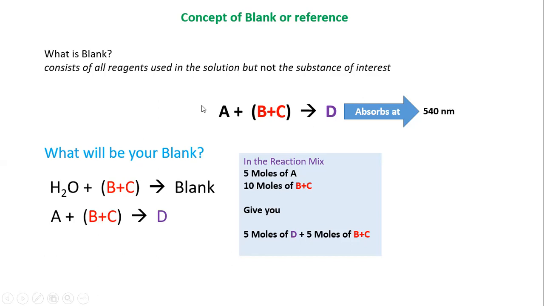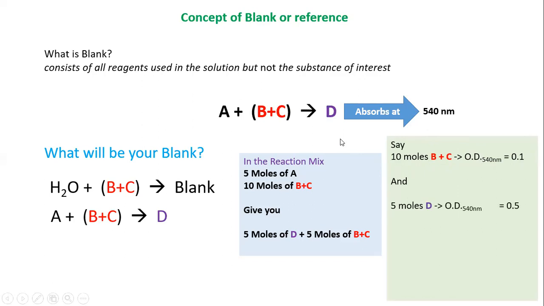Now, say the D that you are creating with this reaction is giving you an absorption at 540 nanometers. So at 540 nanometers, the situation would be somewhat like this. Imagine that 10 moles of B plus C, the coloring reagent, gives you an OD at 540 nanometers that corresponds to 0.1. And 5 moles of D otherwise gives you an absorption at 540 nanometers that corresponds to 0.5.